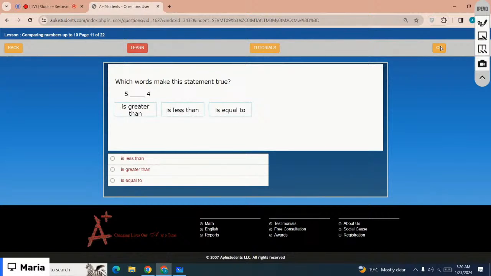So the correct option is when counting you have 5 after 4, right? That means 5 is greater than 4. The correct option is 5 is greater than 4, right?